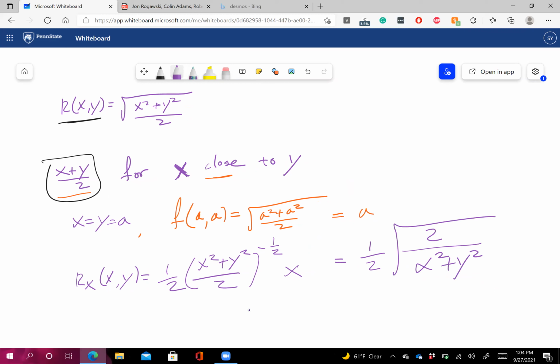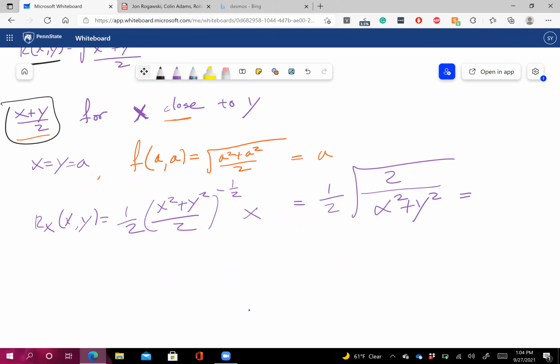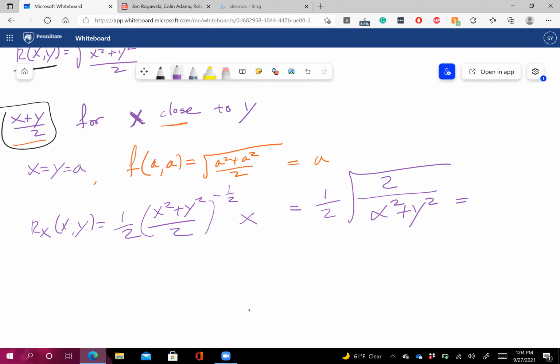And then you take the square root, and then we can put the 1/2 inside, but you get 4. So this will be the square root of 1 over, oh, and then there's an x.